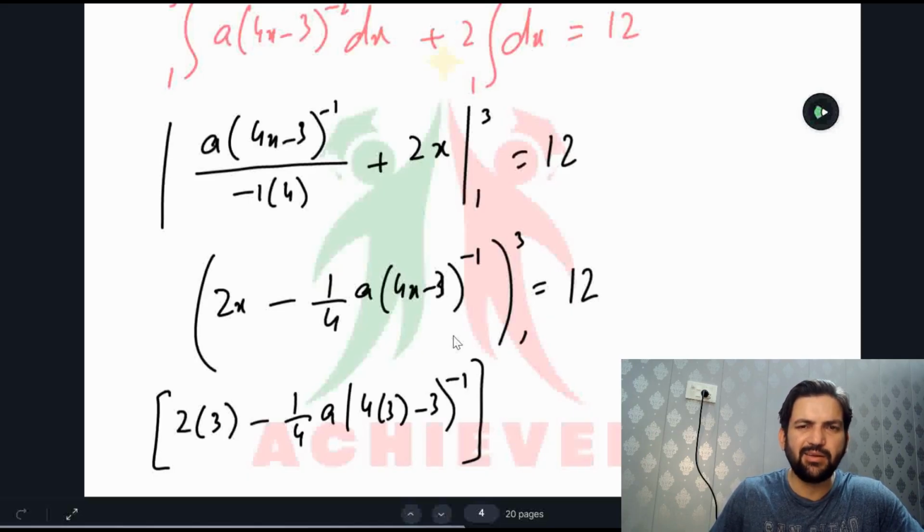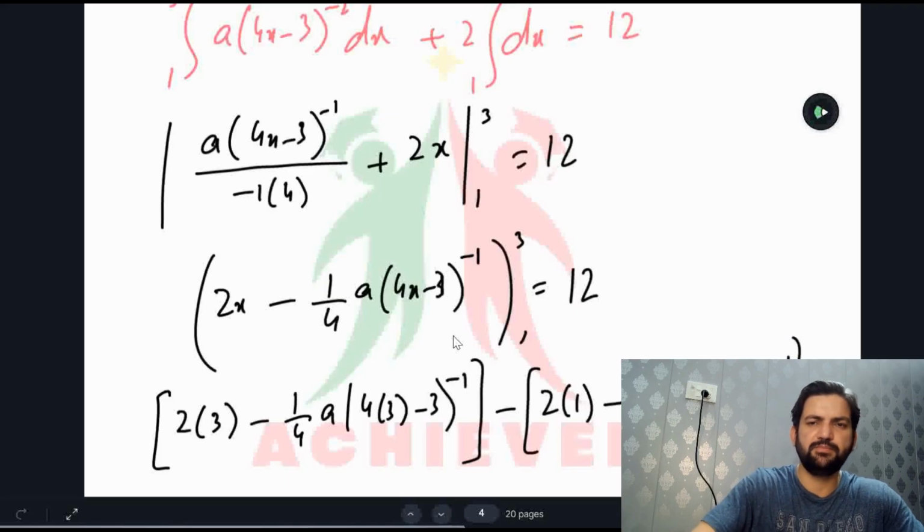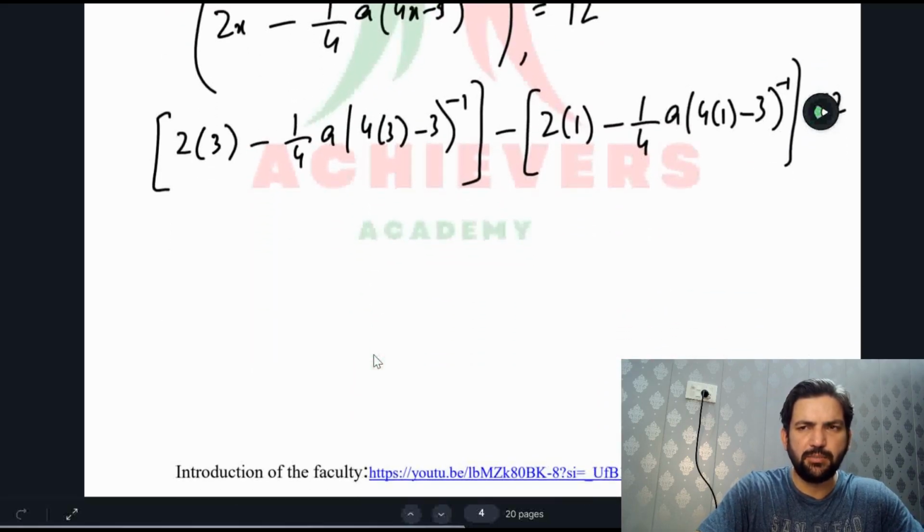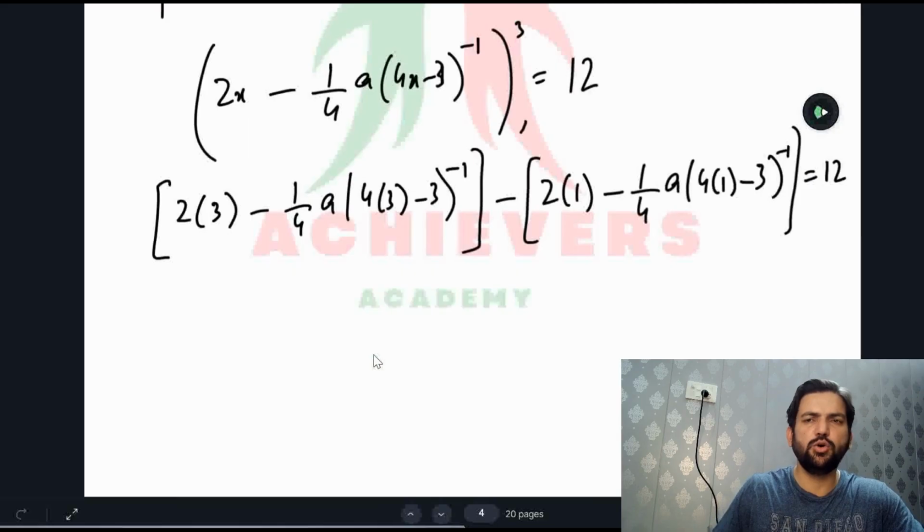Then minus the lower limit: 2 into 1 minus 1 by 4a into (4 into 1 minus 3) to the power minus 1, is equal to 12. I hope you are all familiar with how to put the upper limit and the lower limit.